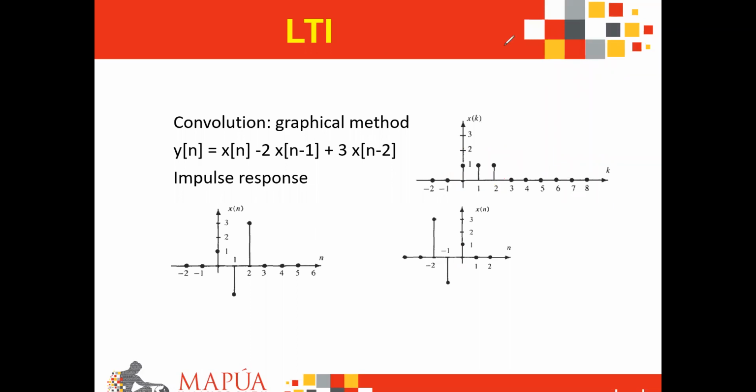So here, I just flip the impulse response. And then after that, I shift the signal one step to the left. So what then would be our given output? Start muna tayo. Kasi dito, notice here, at n equal to 0, nag-overlap na yung signal natin tsaka yung ating impulse response.